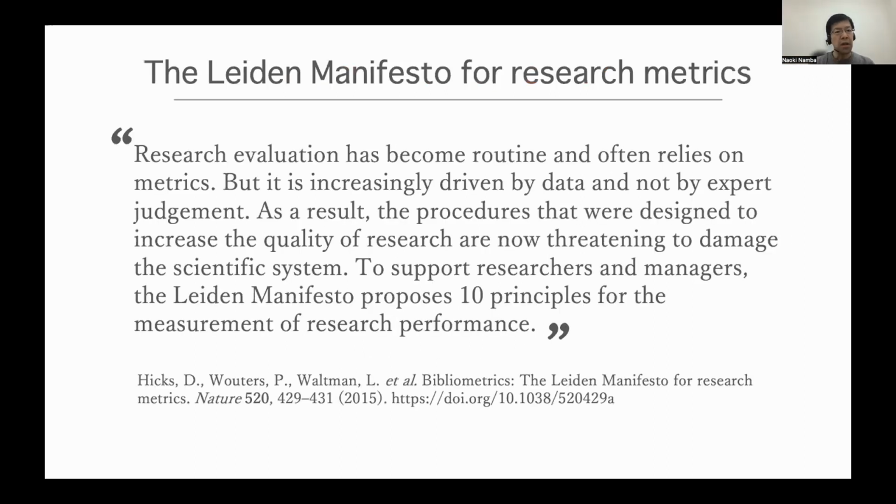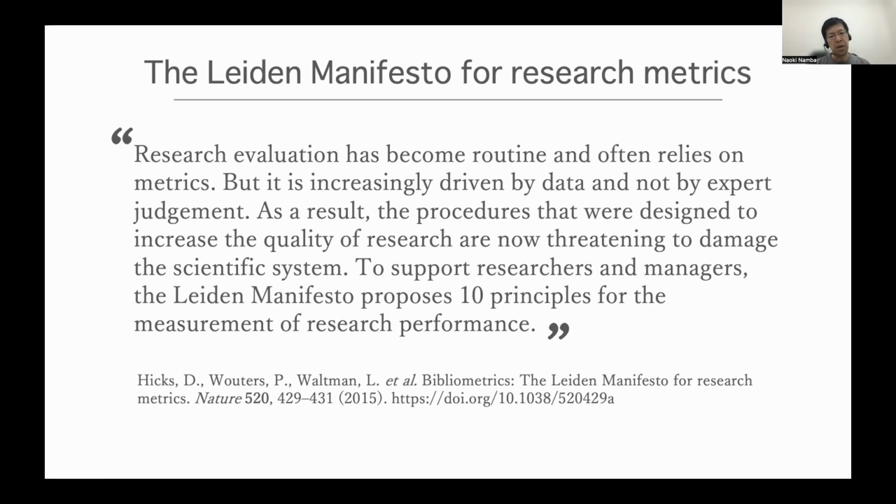I came across the Leiden Manifesto for Research Metrics the other day, and I thought this can be applied to evaluating science communication as well. It says research evaluation has become routine and often relies on metrics, but it is increasingly driven by data and not by expert judgment.